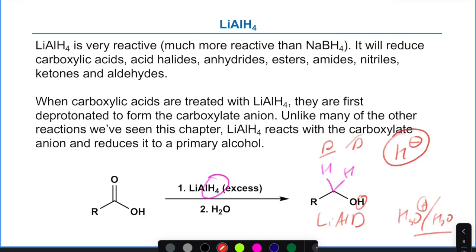Who says yes, that OH becomes an OD? No. Why not? What's that? That OH is like H plus. Lithium aluminum deuteride is D minus. So it's the nucleophilic source of deuterium, not the protic. If you wanted to exchange this one over here, that has to be deuterium. Make sense?